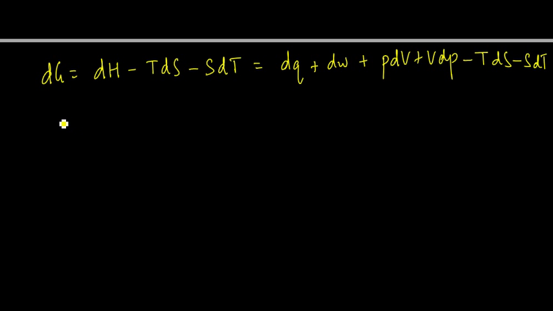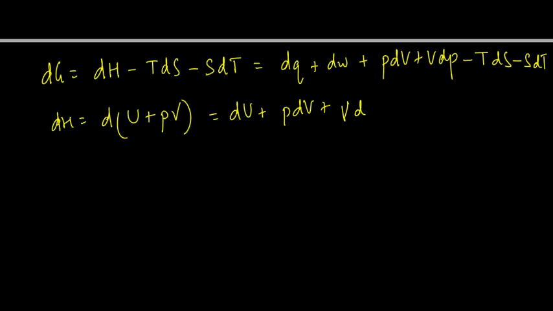Okay, then I should write dH is equal to d of u plus PV, which is equal to du plus PdV plus VdP. Okay? And then I write du is equal to dq plus dW.